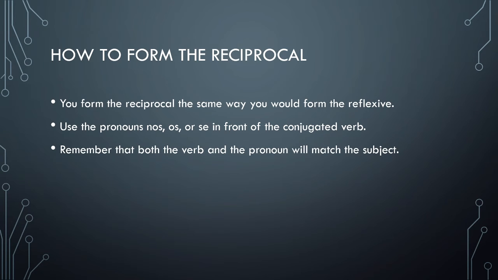So remember that the pronoun and the verb always match the subject. So if my verb is in the nosotros form, then my pronoun is going to be nos. If my verb is in the ellos form, then my pronoun's going to be se. They will always match the subject. So they're always going to be in the same form. No matter what, these people have to be the same because we're doing it for each other.